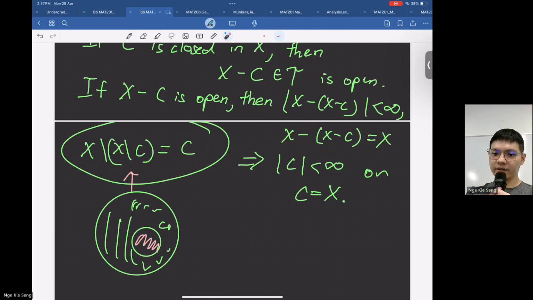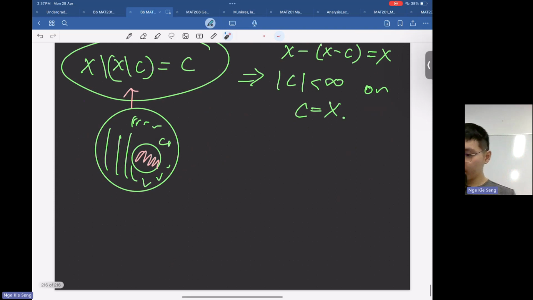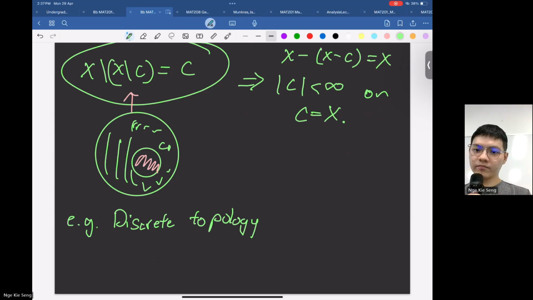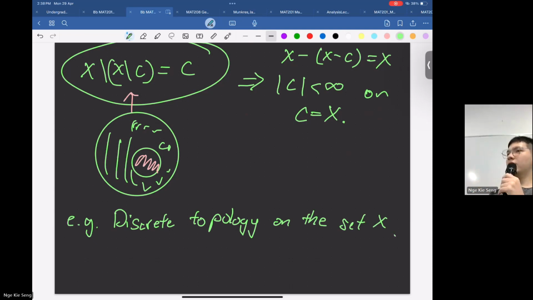All right. Okay, good. How about one last example before we go into properties? How about the discrete topology on X? What are the closed sets here? What happens in the discrete topology? Every subset is open. So what are the closed sets? Empty? No. Everything.